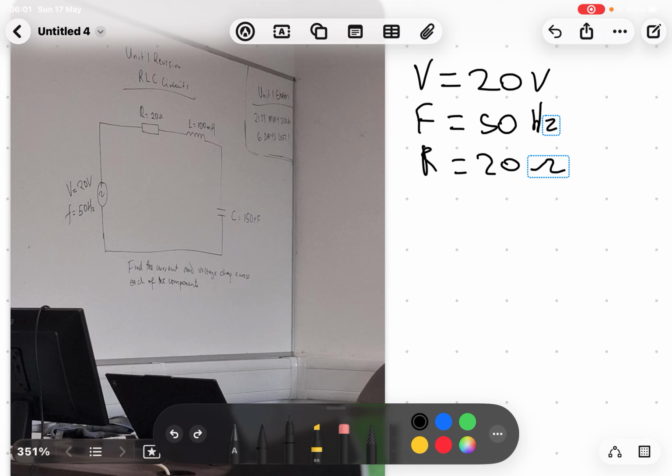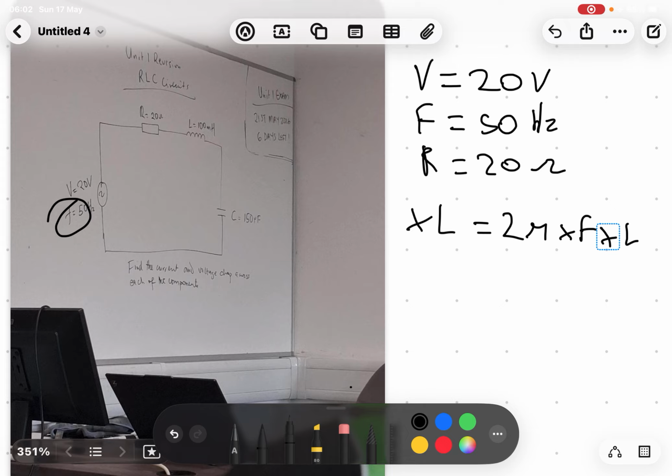So basically how we do this is the formula. The formula says that XL, this is what we need, equals 2 pi times frequency times the L. So we have the frequency, we have the L, and we have the 2 pi.